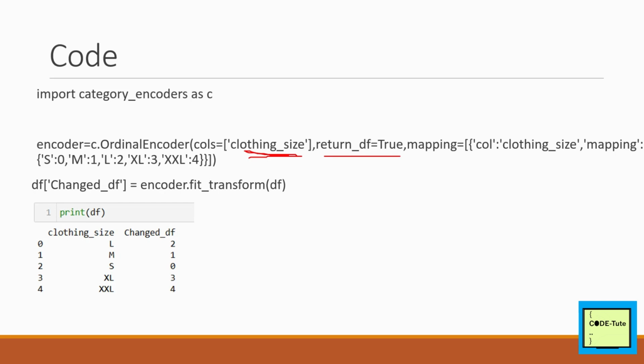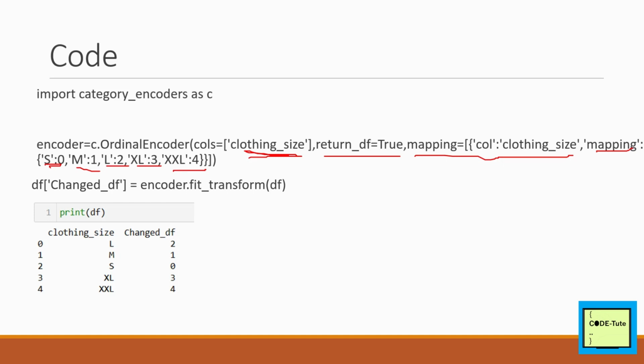Here is the mapping we will do: the column is clothing size, and we need to write the mapping here. I have encoded S as 0, M as 1, L as 2, XL as 3 and double XL as 4. This is how I have encoded the string or categorical data to particular numbers.